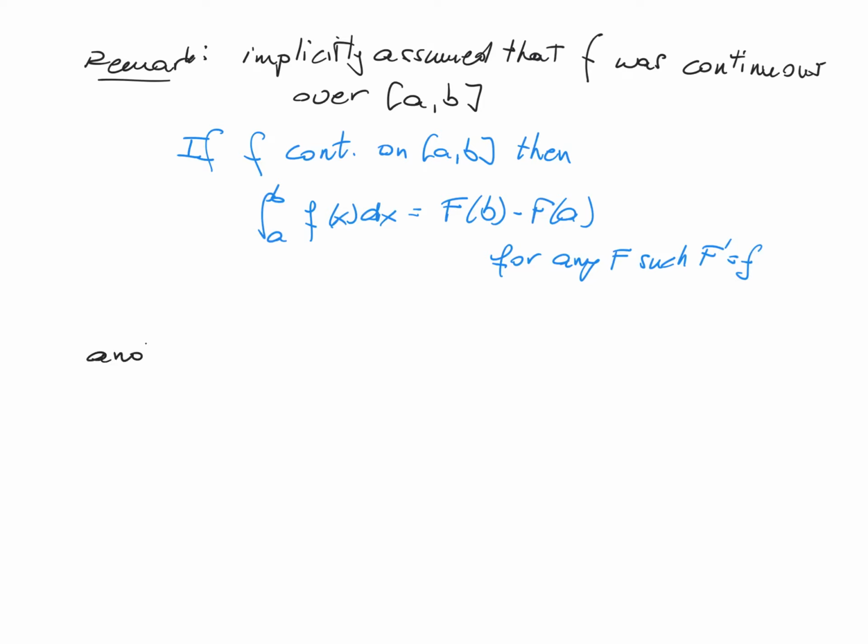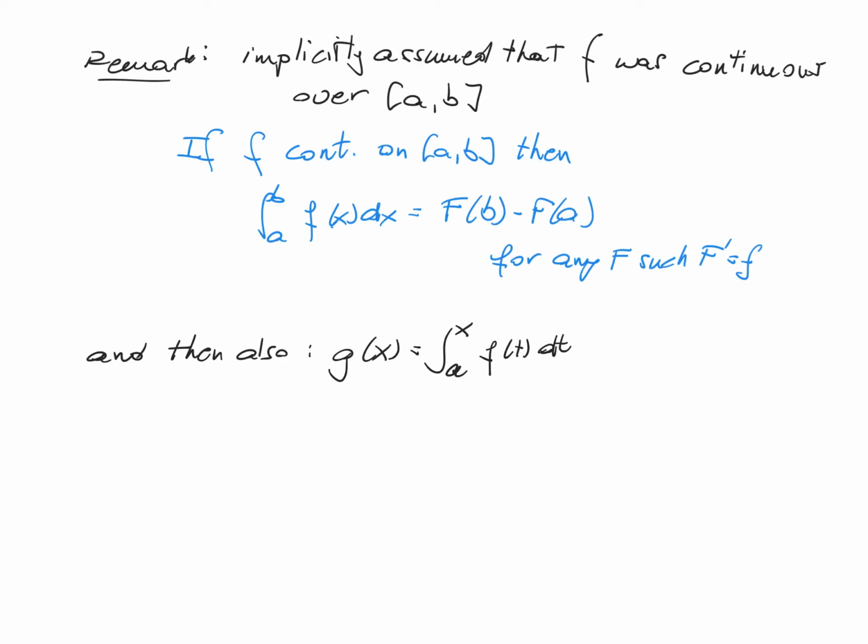And then we also have the remark we made before, that g of x, which is the integral from a to x f of t dt. So this is a function of x, so x is still a variable in this case.